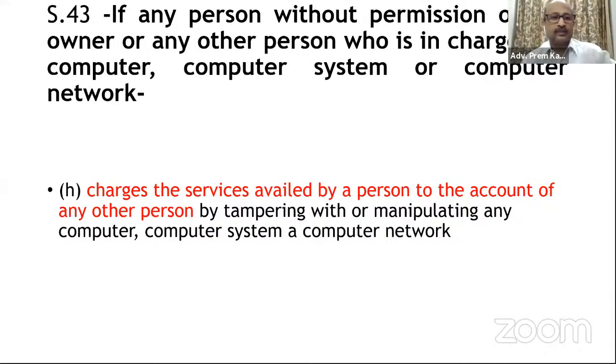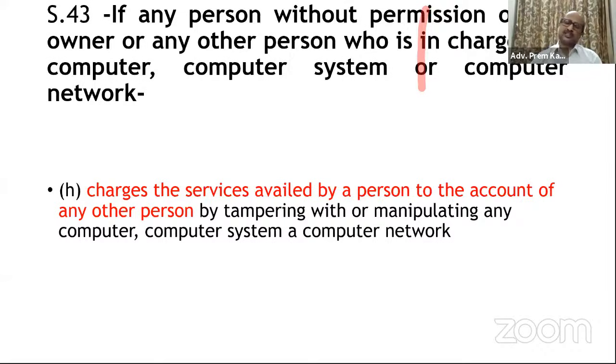We move to 43H. Whoever charges the services availed by a person to the account of another system or computer network. So this is a situation where we all have our packages of how we use the net or how we use the data package provided to us.